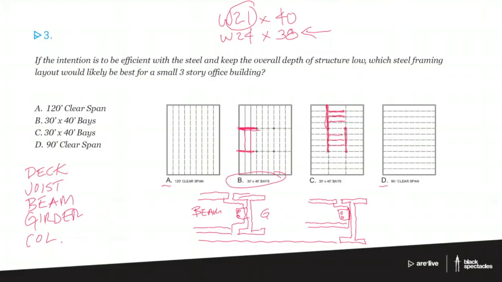The main thing here is this very specific question of keeping a low overall depth. That one is really the driver of the question, and so by allowing the beams to get a little bit deeper, you're reducing the size of the girder, which means the overall structure is actually significant numbers of inches smaller.